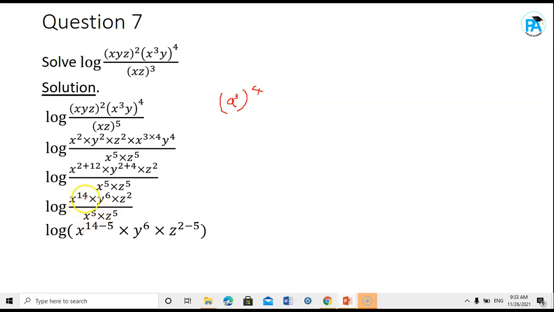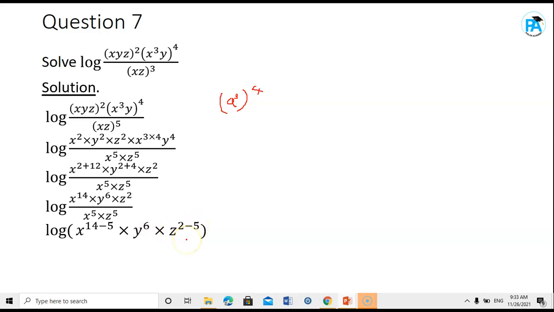So x exponent 14 divided by x exponent 5 gives you x exponent 14 minus 5, times y exponent 6, since the y does not have any denominator, you repeat it, times z exponent 2 divided by z exponent 5, which should give you z exponent 2 minus 5.